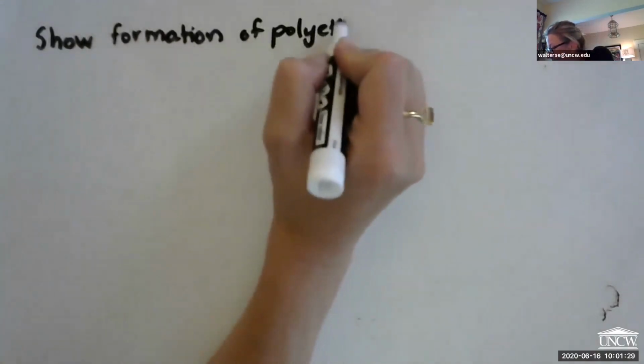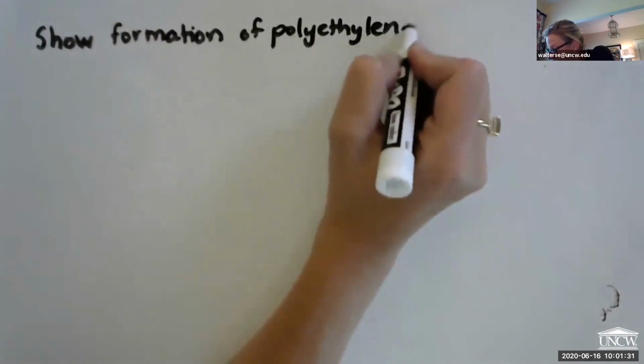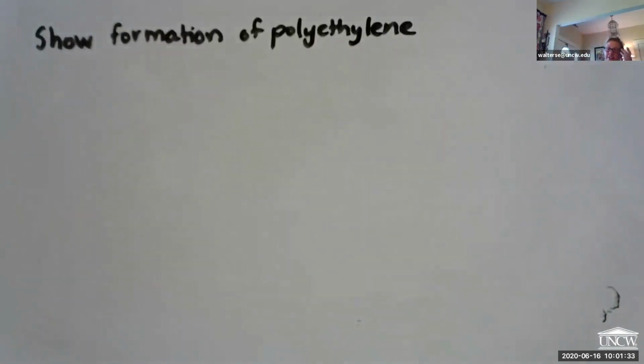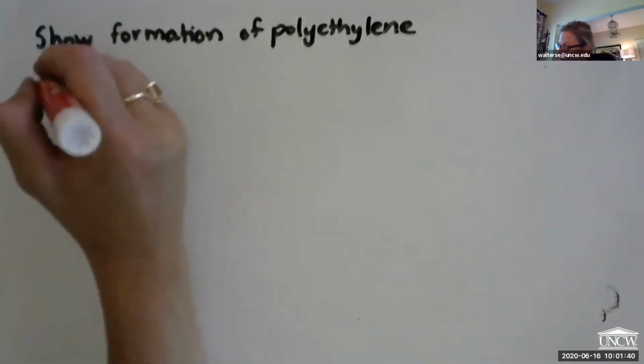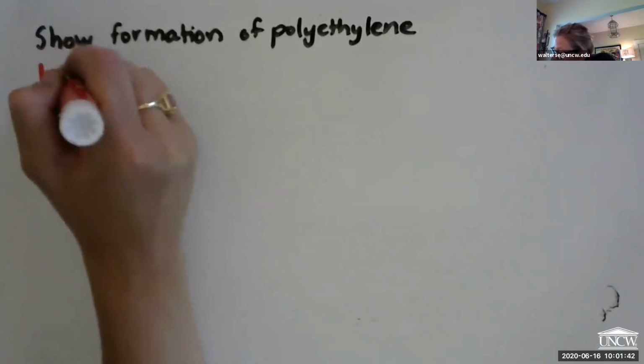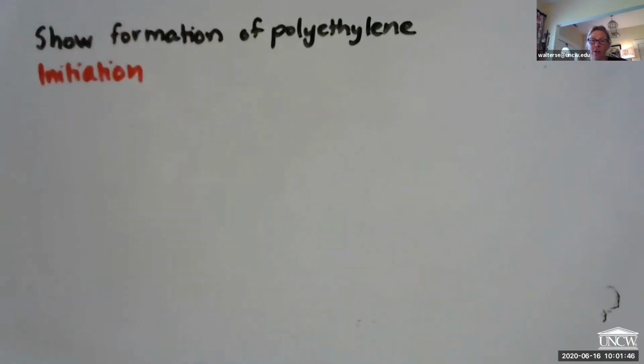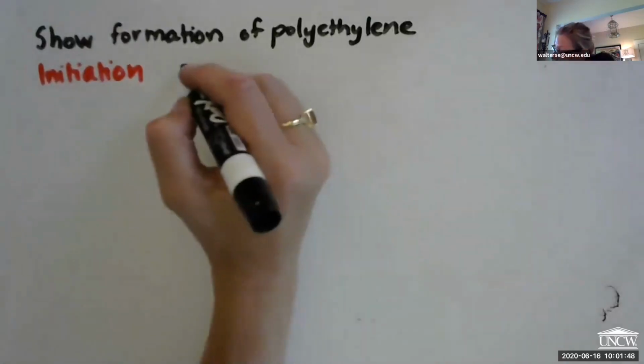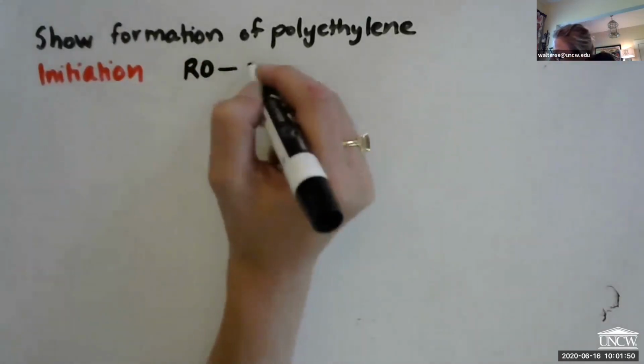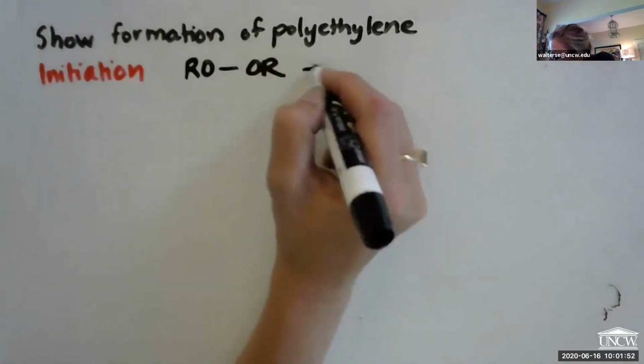Now this isn't going to be a useful polyethylene because n is going to end up very small, but it'll at least show you the 3 steps. So the initiation, again, is where you take your peroxide and you heat it.